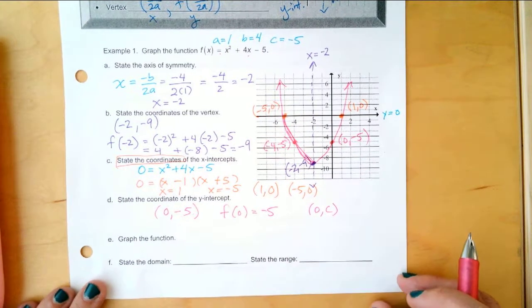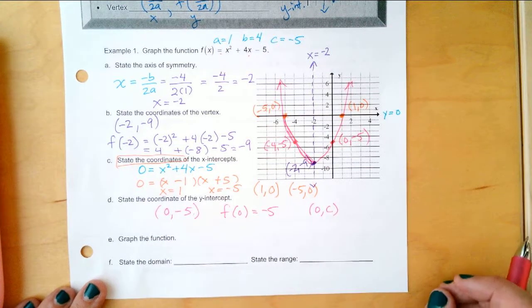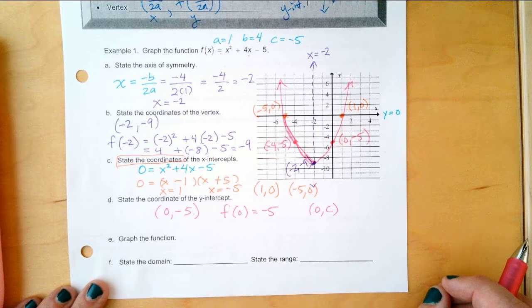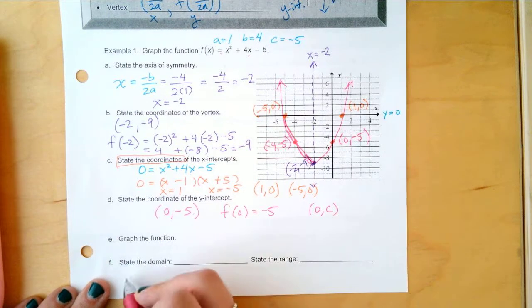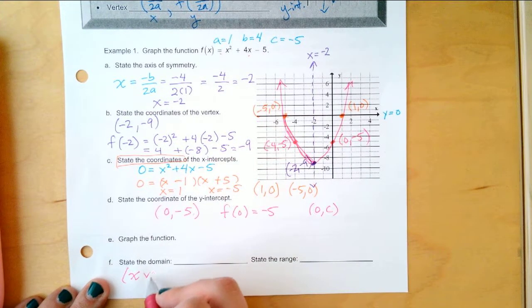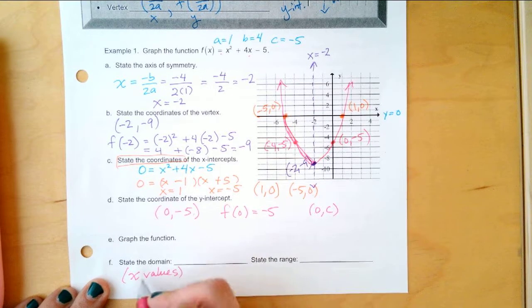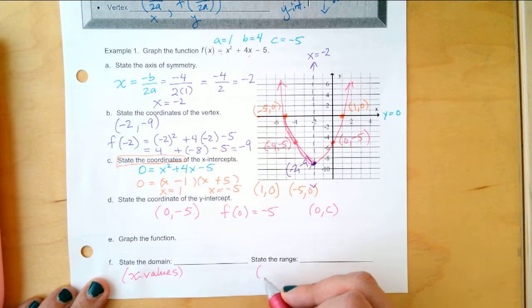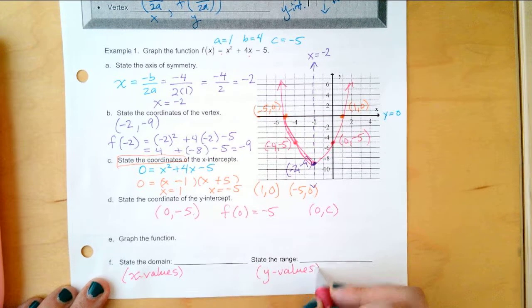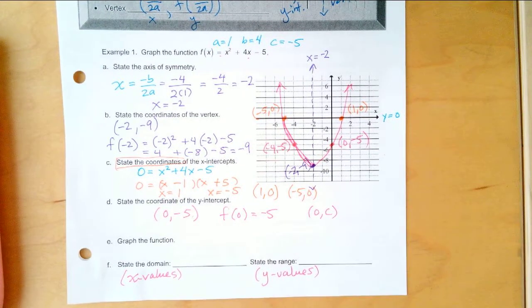Now, from previous classes, you might remember the words domain and range. What is the domain? What does that mean? The domain means all of the x values. And what's the range? The y values. So this might not make a lot of sense right now, but can you think of any x values that you couldn't use?